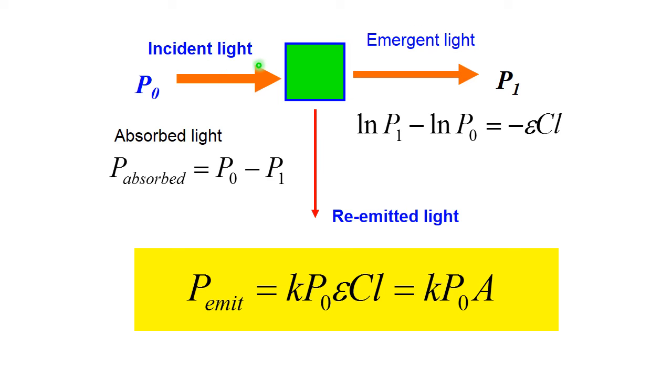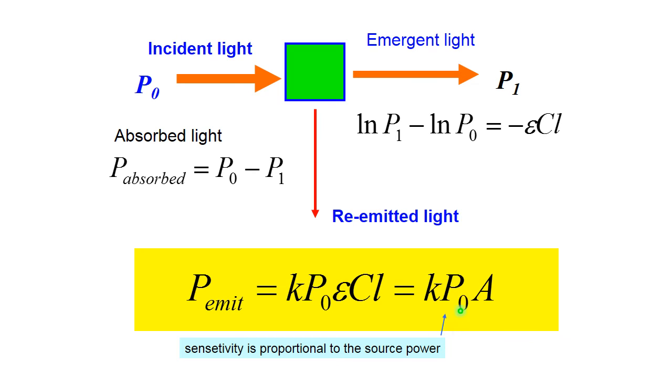We have incident light, absorbed light, emergent light with Beer's law, and re-emitted light, whose intensity is proportional to the molar absorptivity of your species at these wavelengths and the concentration of our analyte, which is important to us. Now, this is true only at low concentration. We should expect a straight line calibration for low concentration and some unpleasant curve for high concentrations.